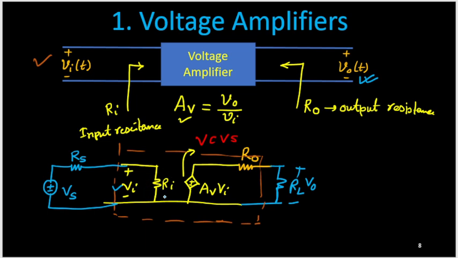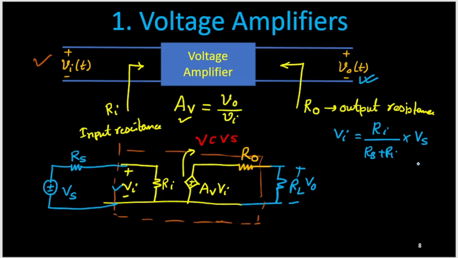So what is Vi? That's simply a potential divider. Vi is the resistance Ri upon the total resistance Rs plus Ri, times the supply voltage Vs. So the total voltage is shared across Rs and Ri, and across Ri the voltage Vi would be Ri upon Rs plus Ri times Vs.